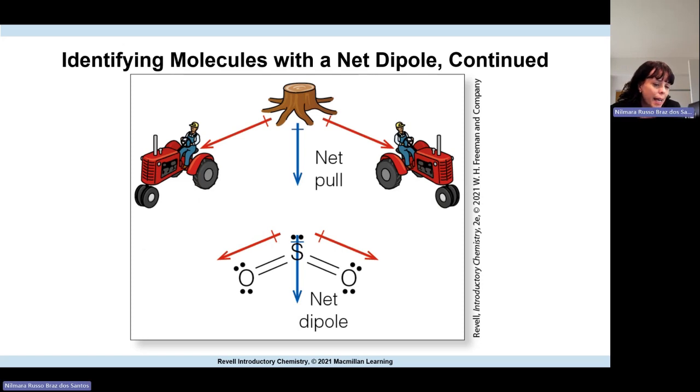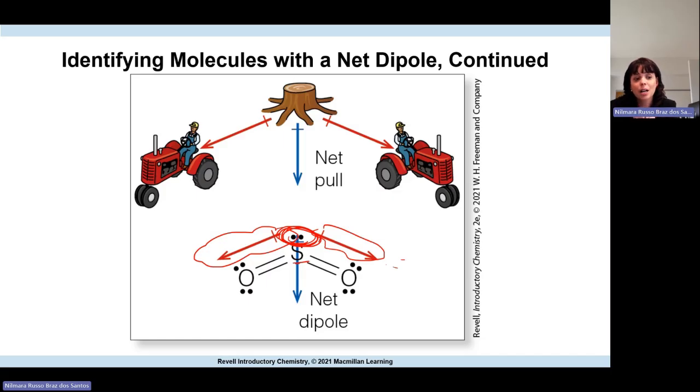Let's look again at the other molecules. Look at SO3. Oxygen has more electronegativity than sulfur. We have a net dipole here because they are pulling in opposite directions, but we have electrons here that are non-bonding, okay?